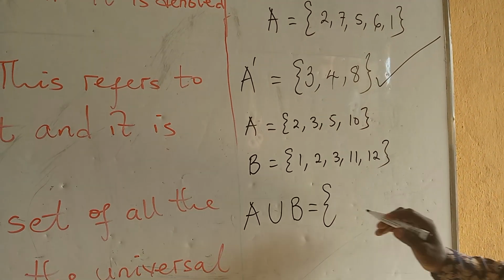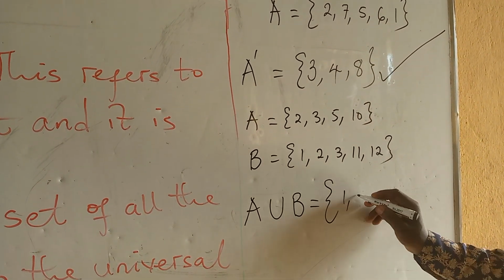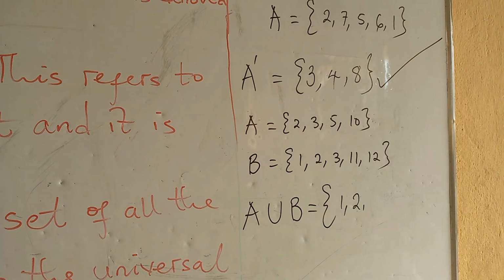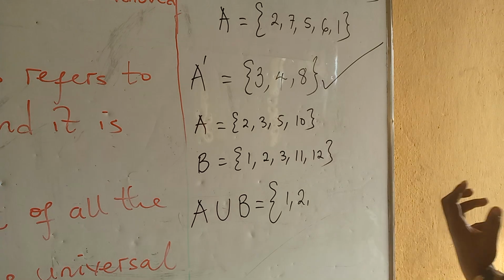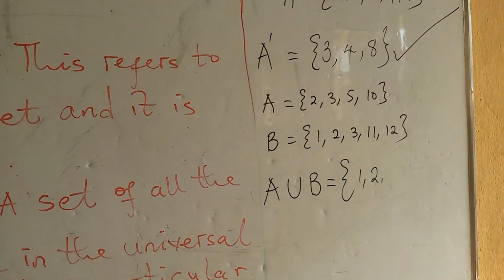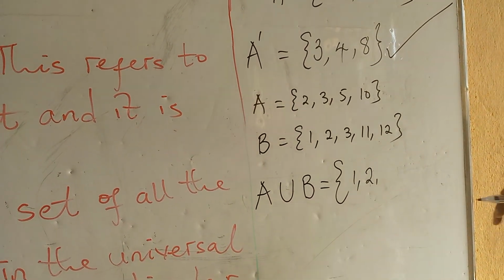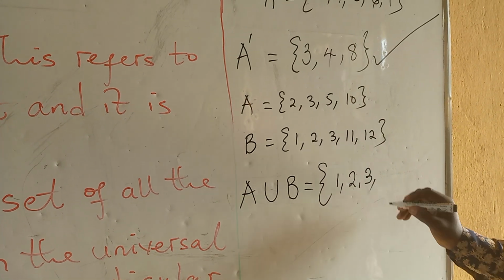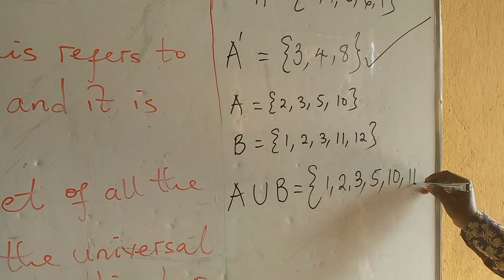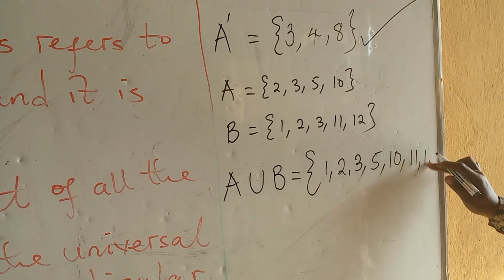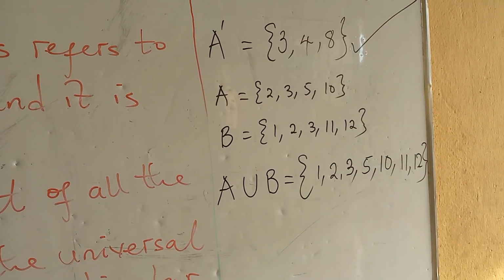That means 1 is part of it, 2 is part of it, but you will not write it two times. We have 2 in A, we have 2 in B. You will not write it 2 times. That's the meaning of without repetition. And then 3, 5, 10, 11, 12. That will be the answer.